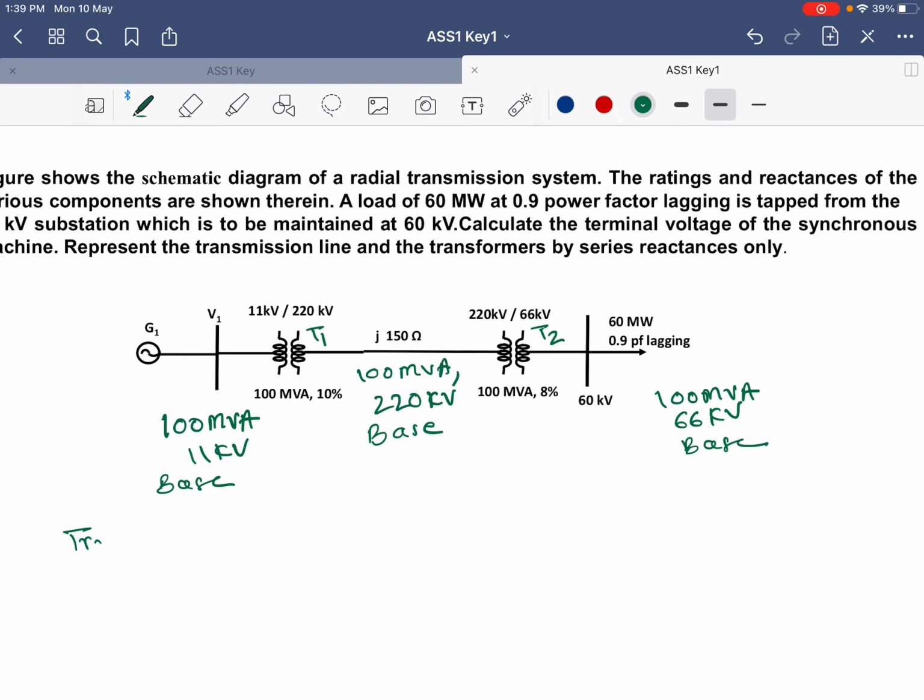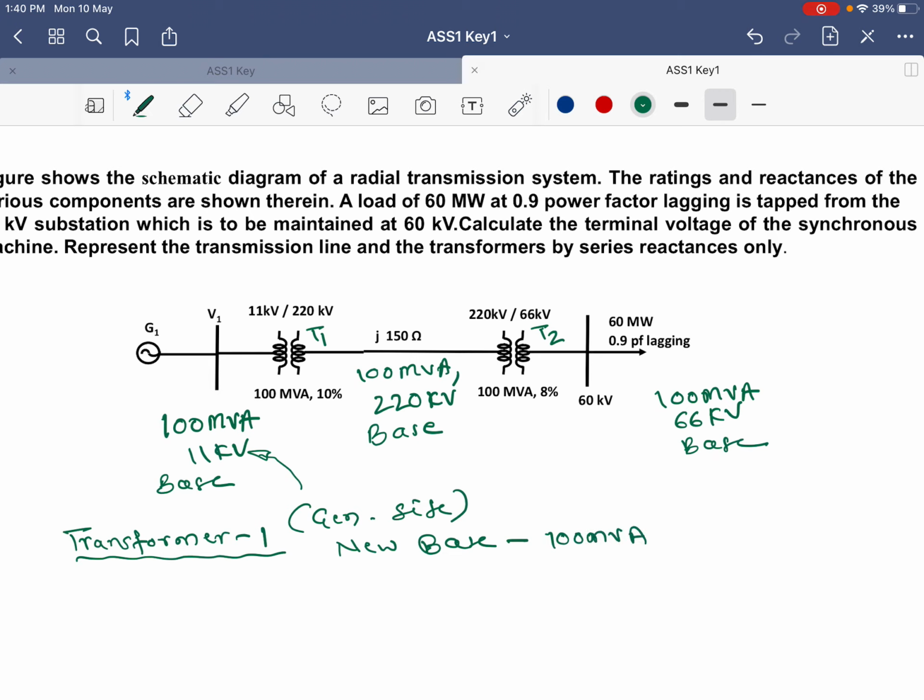Transformer 1. The new quantities are, I'll consider the transformer generator side, or you can consider the transmission line side also. New base quantities on the generator side are 100 MVA, 11 kilovolts.